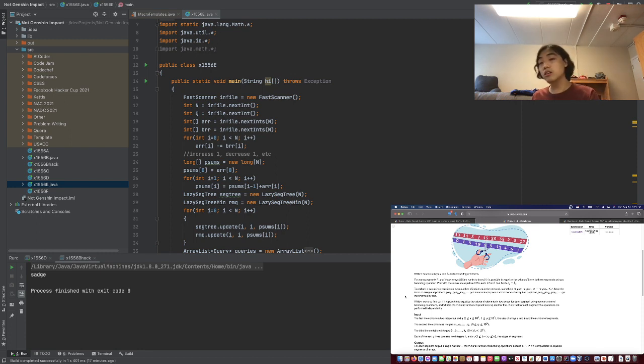So one way we can reword this condition is if we subtract A_i by B_i, we want this difference to be equal to 0. So if it's possible to make array A equal to array B, we can reword this condition using the difference array, a new array C, where C_i is equal to A_i minus B_i. Then we want to perform operations such that some subarray of array C is all zeros.